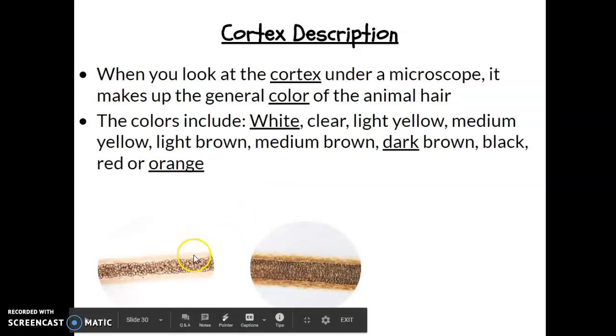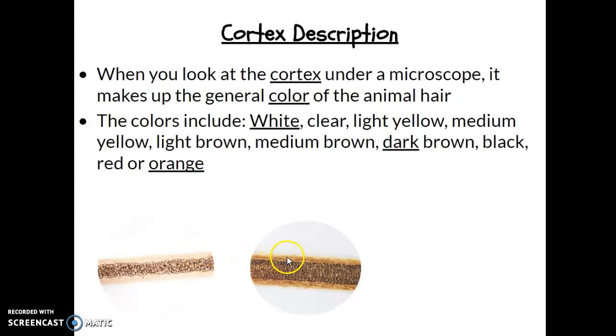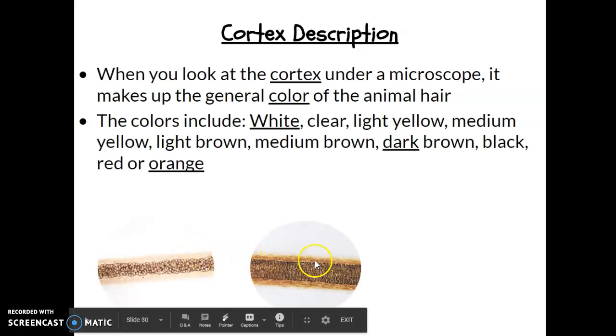The cortex is this outer portion, this outer edge, and this is like a light yellow, and then I would call this a light brown. This to me looks like a light brown as well. And you can see how this center region, the medulla, is very large on all of these.